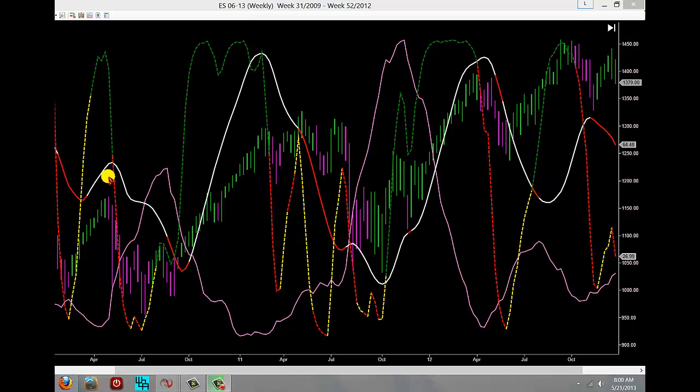Now the other indicator in this chart is the swing cycle VB, and it's an interesting correlation here with the moving average of the weekly range and the swing cycle VB. You can see it reaches its peak right up in here and starts down as it crosses below the variable band right here.